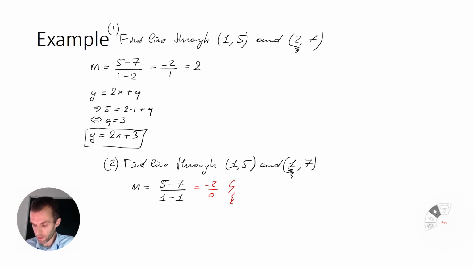That doesn't make sense. You can't divide by 0, so the slope does not exist. That means that you have a vertical line, a line that's parallel to the y-axis, and in fact the equation of this line is x is equal to 1. So you can see that we have 1 here and 1 here.